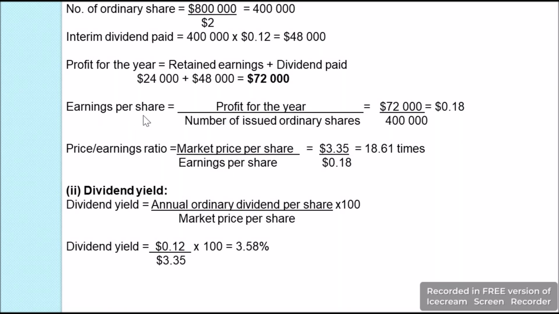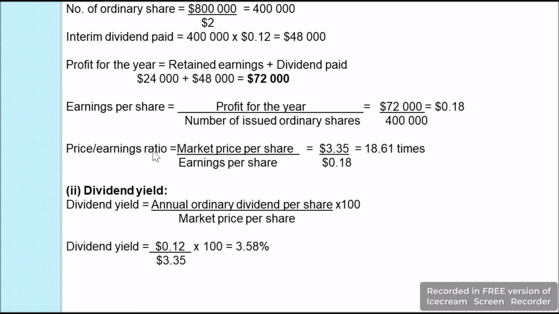Now we can get the earning per share, that is profit for the year divided by the number of ordinary shares issued, which will be 72,000 divided by 400,000 shares. We will get earning per share as 18 cents.